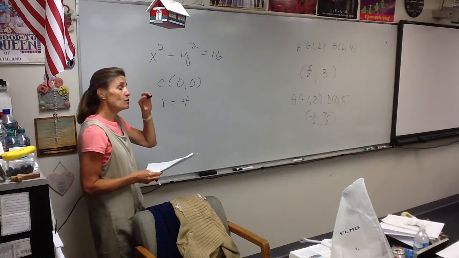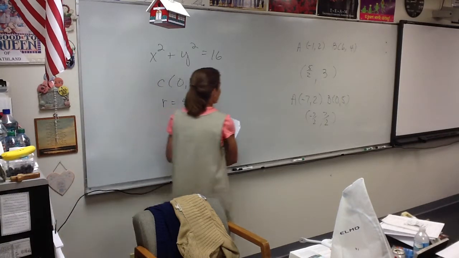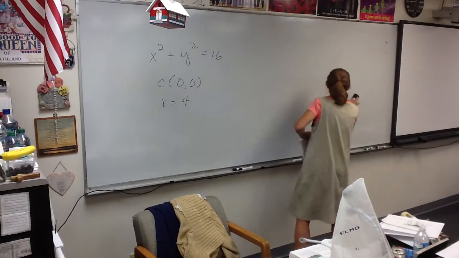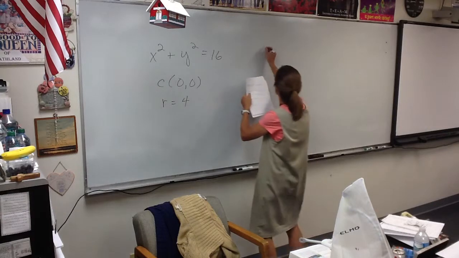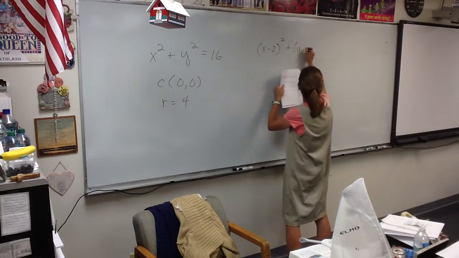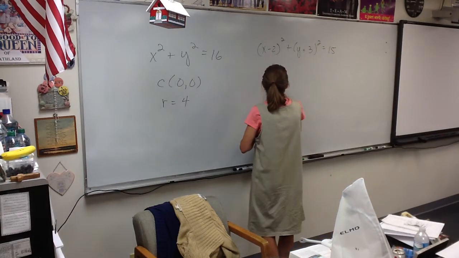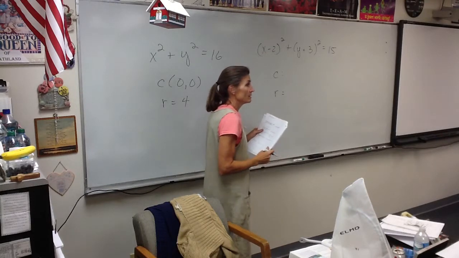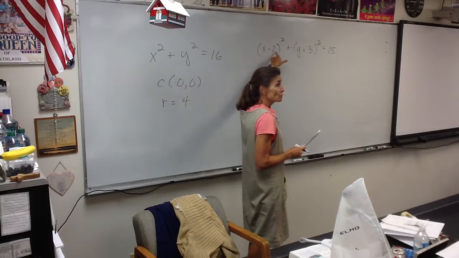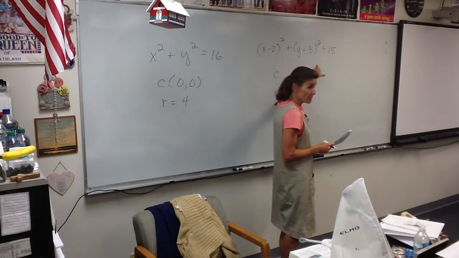Now, for those of you that are a little bit like, whoa, whoa, whoa, where did he get that? Let's do the next one. I think it may help you if we get through the next one. I think maybe you'll make the connection. This is also a circle, but its center is somewhere different. Its center is at positive 2, negative 3.